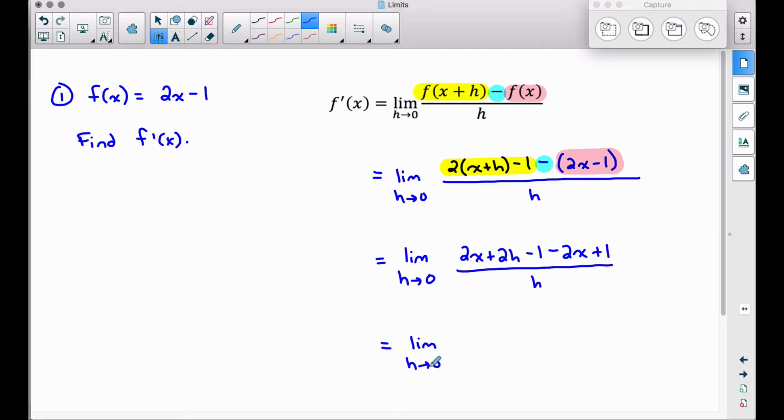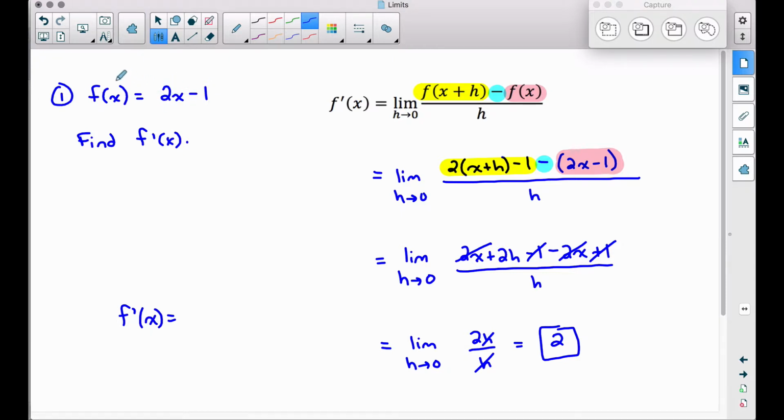Now the limit as h approaches 0: the 2x's cancel out, the negative 1 plus 1 cancels out, so we have 2h over h. We can cancel the h's out now, and therefore our limit is 2, and this is actually our derivative. What you're going to learn very soon is that for a linear function like 2x minus 1, the derivative of any linear function is going to be the slope of that line, whatever line it may be.